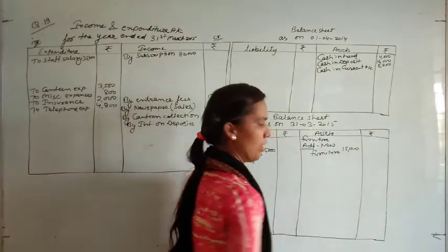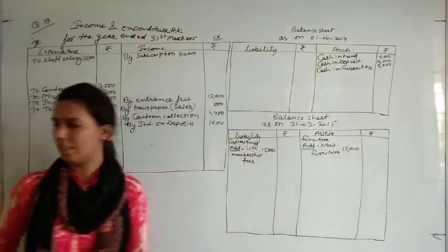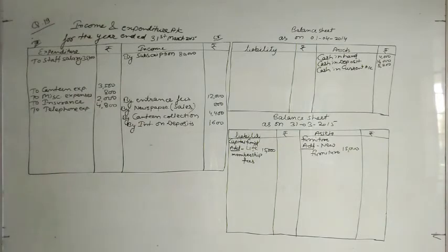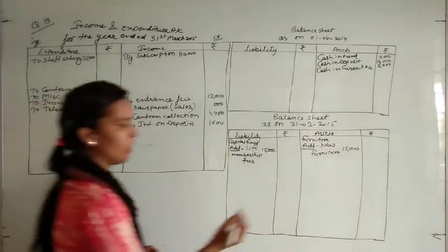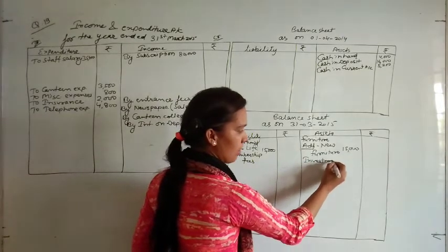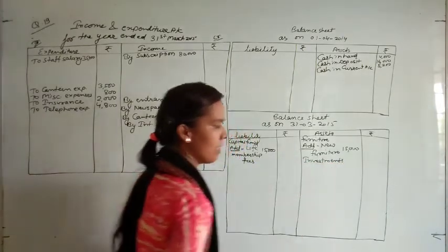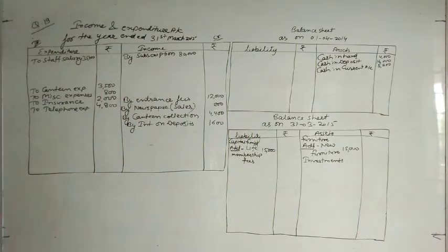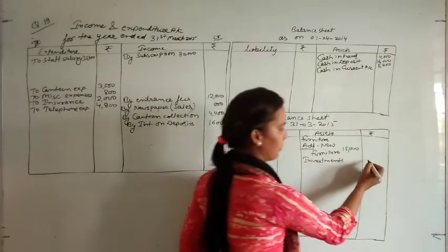We purchased new furniture during the year of 15,000 rupees. Investment purchased, we should write the same investment in our balance sheet. As there are no other investments in the question, we will write the investments directly in the outer column, and the amount of investments is 46,000.